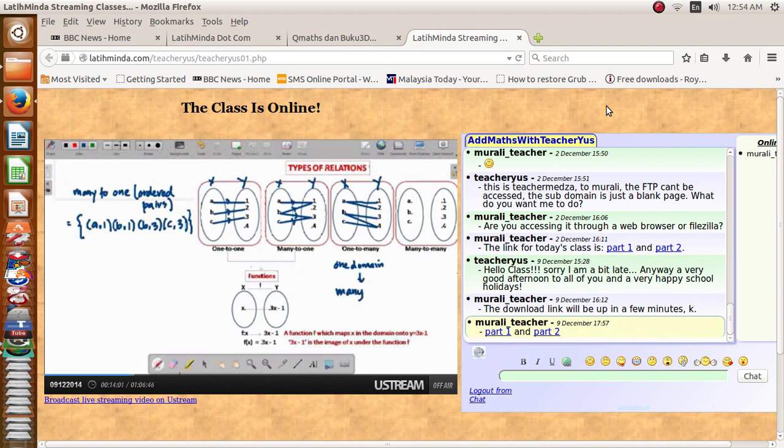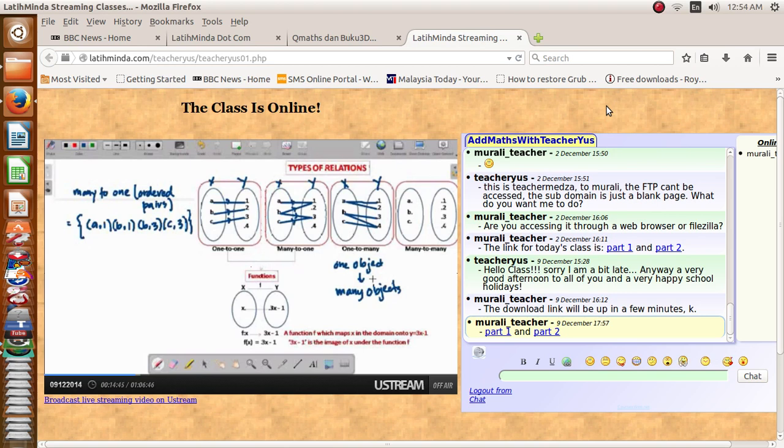Actually it's not the domain, it is one object; the domain is the whole set. So one object points out to many objects, meaning one question has multiple answers. This is one to many.